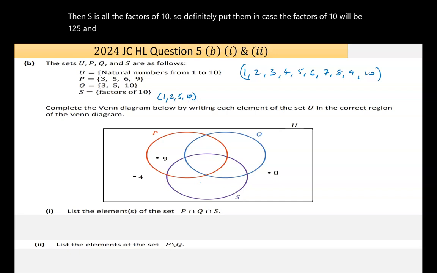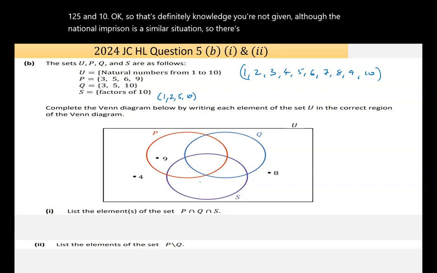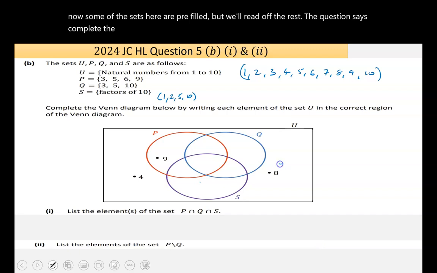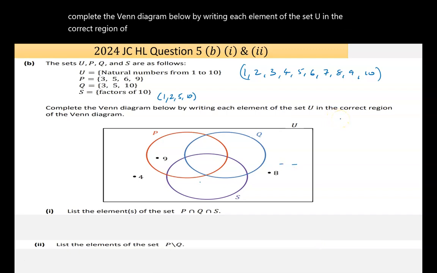That's definitely knowledge you're not given, although the natural numbers is a similar situation. So there's the four sets we're looking at. Now some of the sets here are pre-filled, but we'll read off the rest. The question says, complete the Venn diagram below by writing each element of the set U in the correct region of the Venn diagram. And we'll worry about parts 1 and 2 once we have that done.